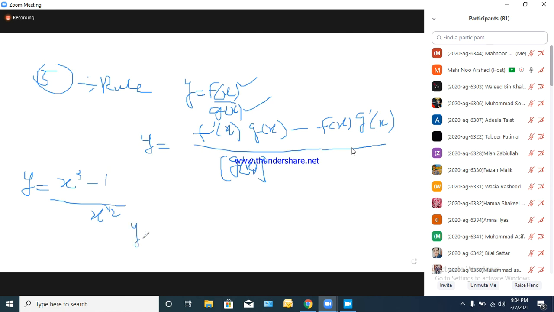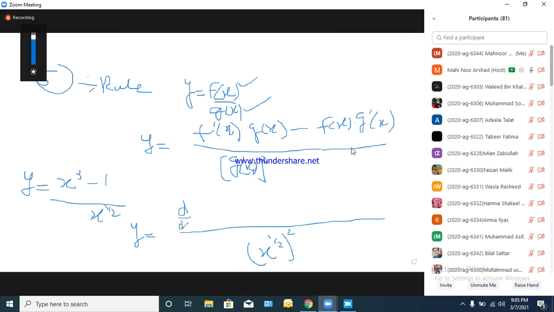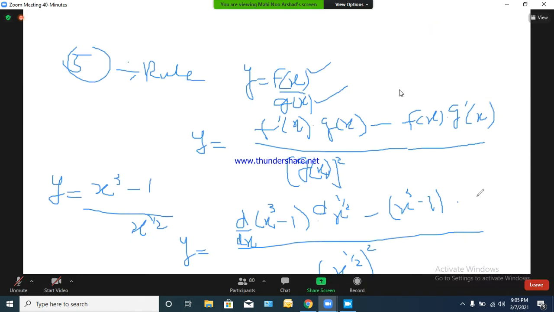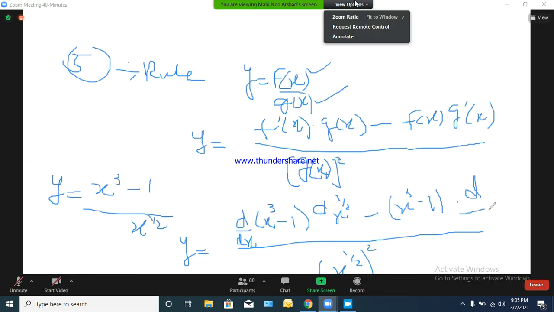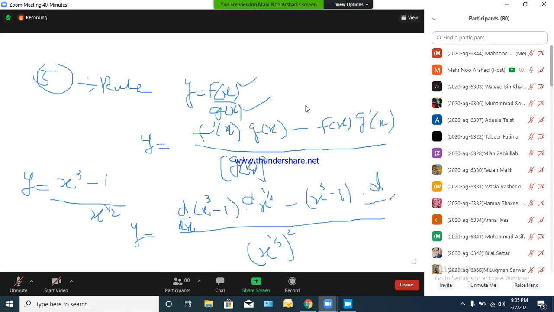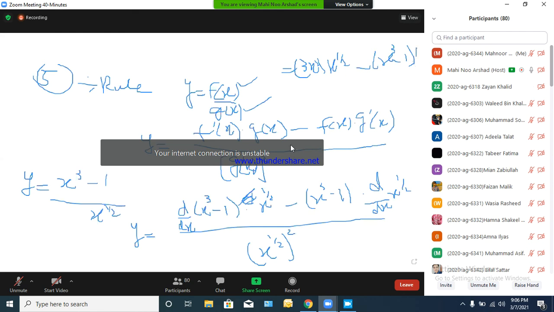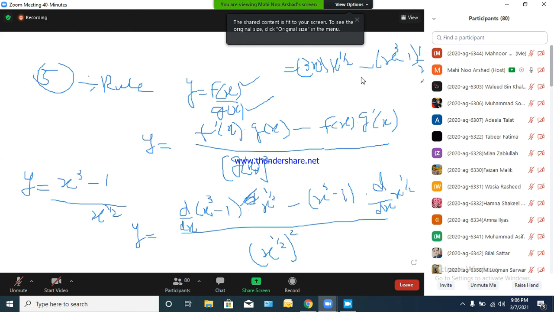So how will you have to do that according to this rule? You will take square root of denominator 1 by 2 and derivative of x cube minus 1 and x raised to the power 1 by 2 as it is minus x cube minus 1 as it is and derivative of x raised to the power 3 by 2.